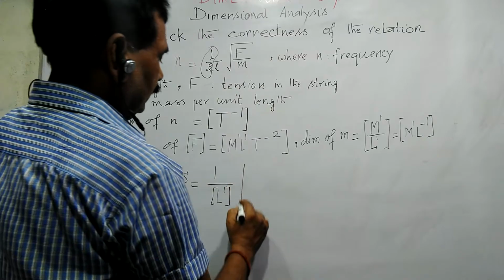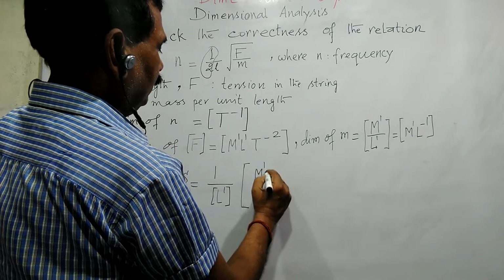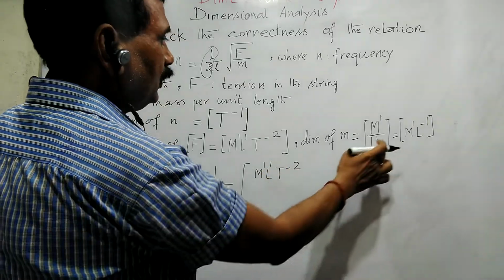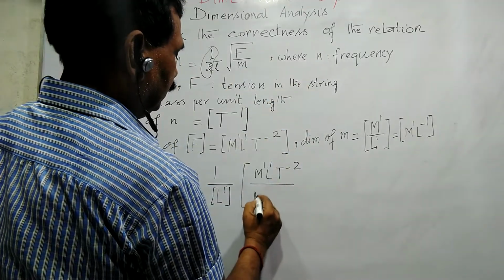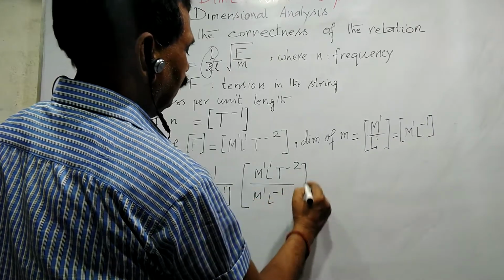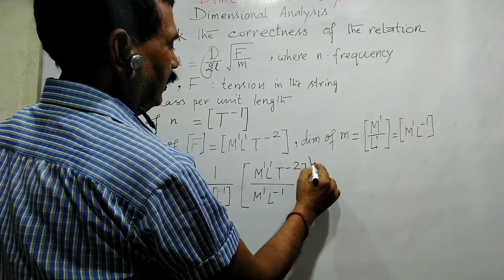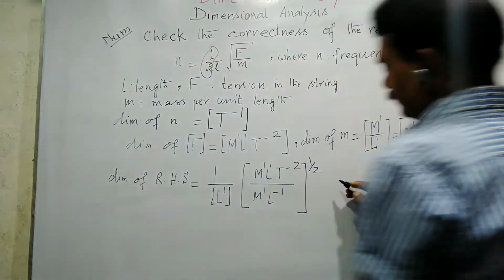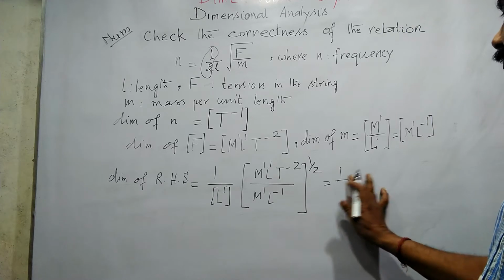Here the dimension of F is m to the power 1 L to the power 1 t to the power minus 2, and the dimension of m is m to the power 1 L to the power minus 1, and the whole will have the power half.